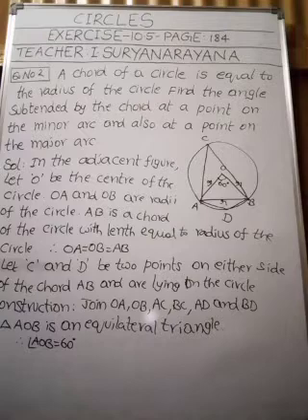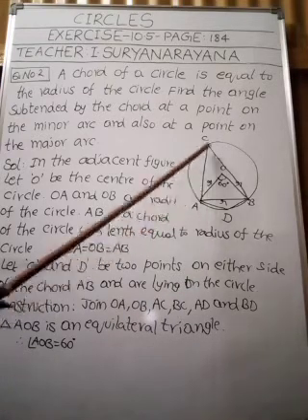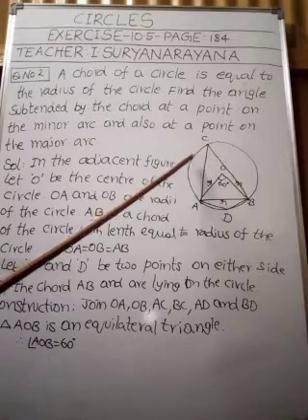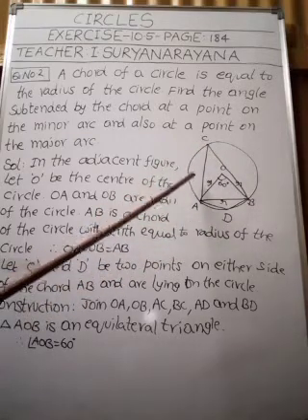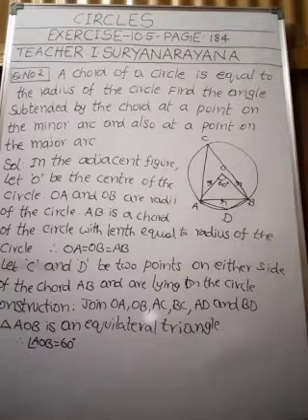Okay, my children? Right. Now, here we have taken the point C on the major arc of this circle. C is lying on the major arc of the circle. Let us find the angle ACB.